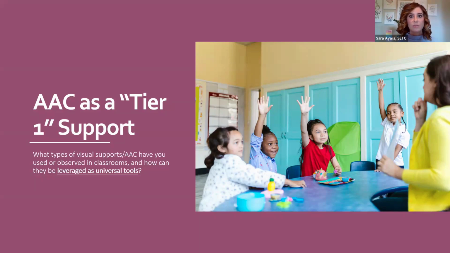That's the app that we have the most licenses of. At the tier 1 level, we have printed their static core board page that is the 7x11 grid for Proloquo2Go. We'll bring in those paper-based boards and model first how you might say, how are you, and touch you, and you could use words if you want, or you could use just the words on the board if you want.